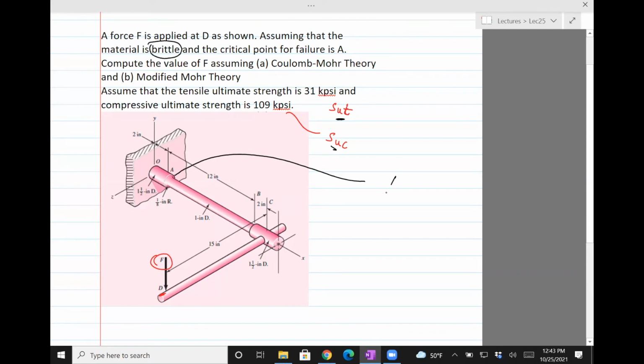So A is going to be subject to stress sigma x. Sigma z is 0. And then there will be a shear stress, another tau.